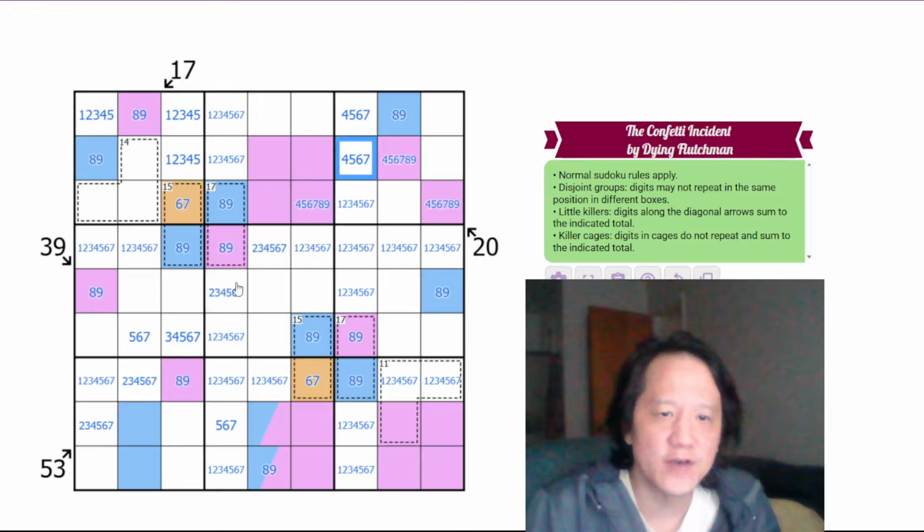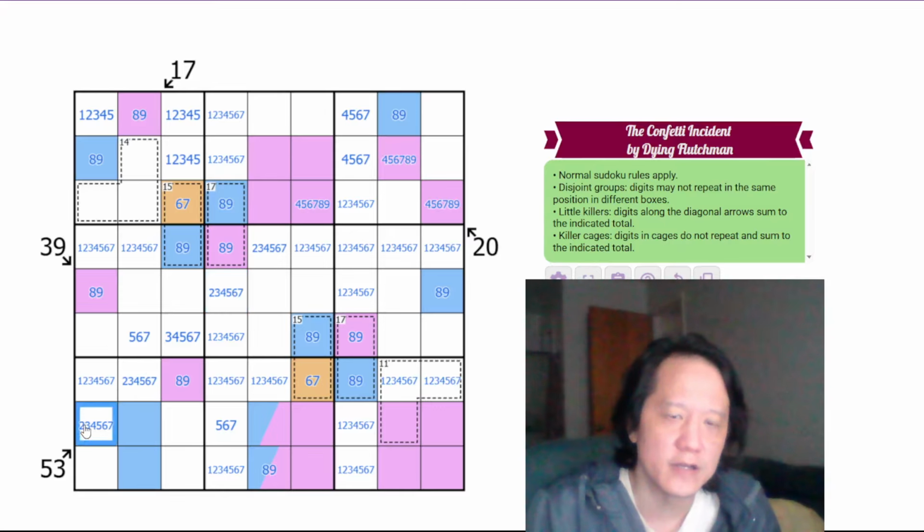This is 5, 6, and 7 along this diagonal. So it's 5, 6, 7 plus 5. This is 5, 6, and 7 adding up. That's 18.